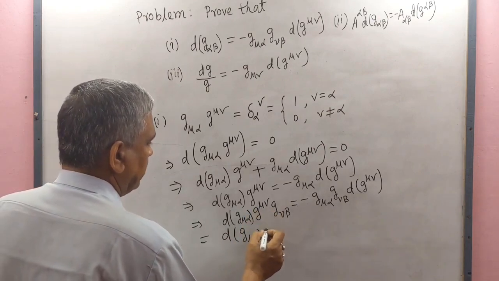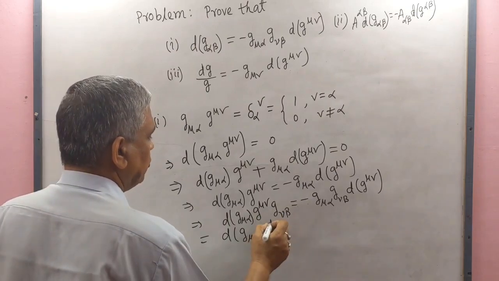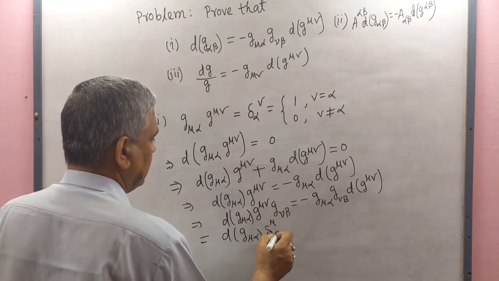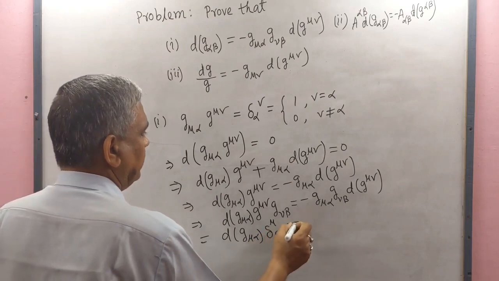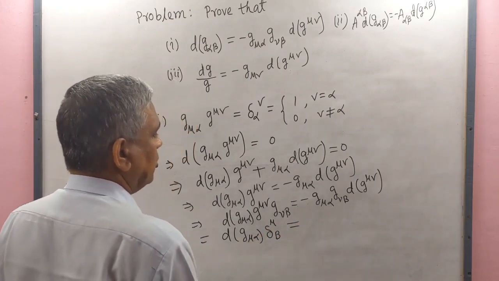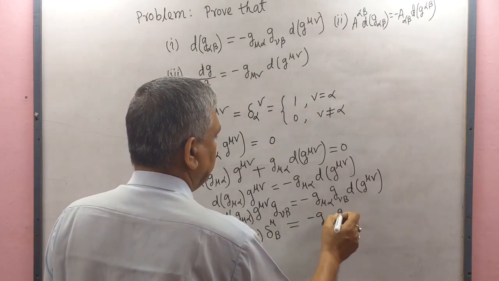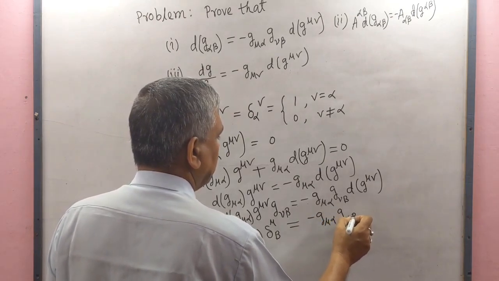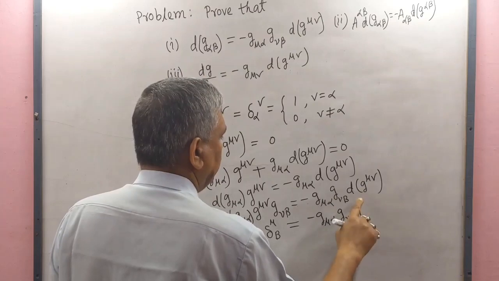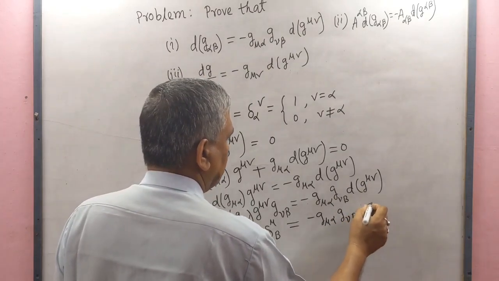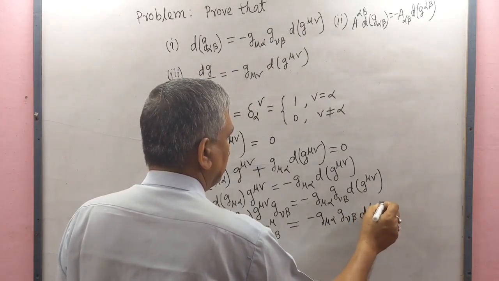This will give Kronecker delta mu beta, and this side minus g mu alpha g nu beta d g mu nu.